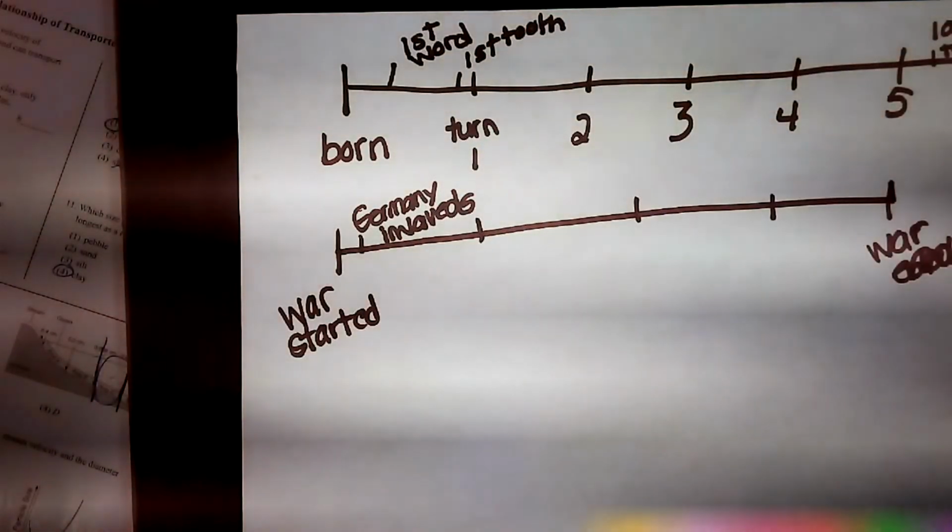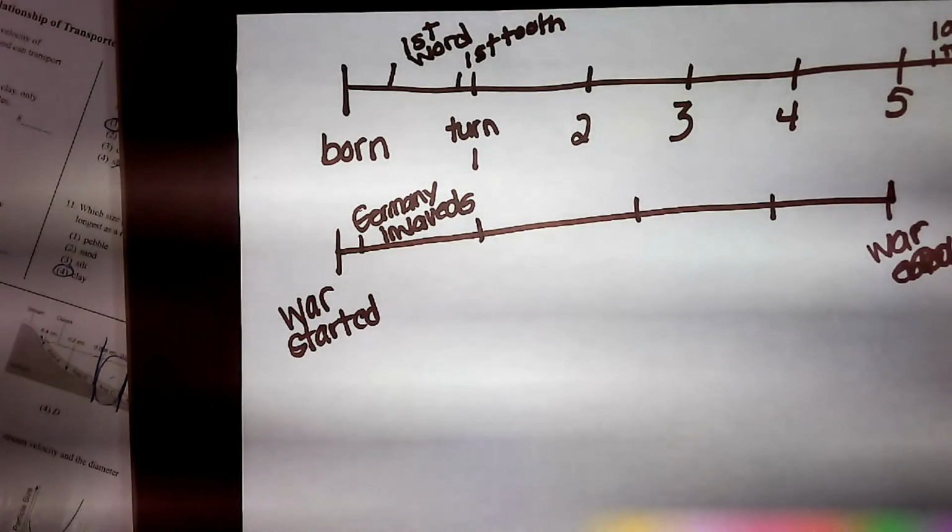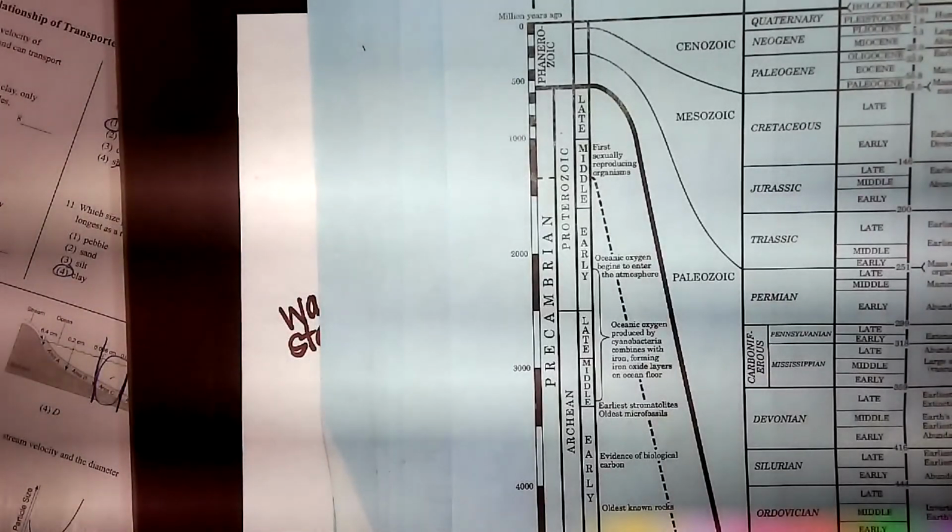We are moving on. This 8 and 9 is a timeline. Take a look at page 8. So since we're doing a timeline of the Earth, it's not going to start with when you were born. When does it start? The timeline of the Earth.